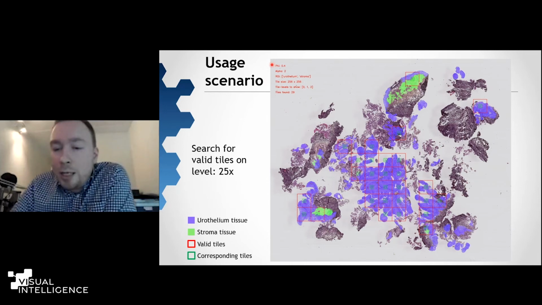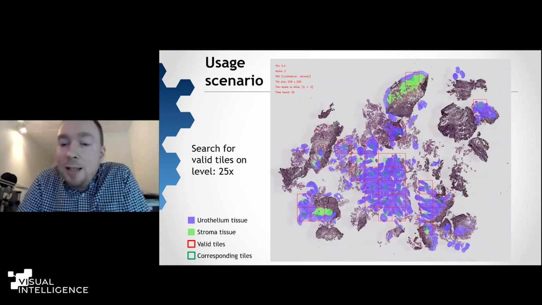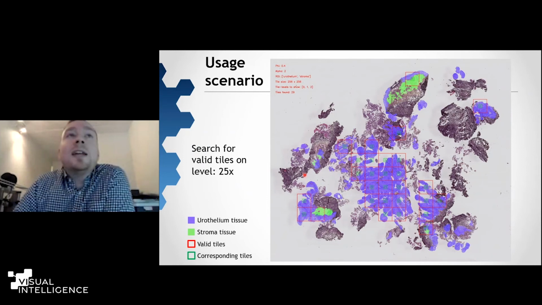It's quite a low value, so there will be quite a lot of background in some of these tiles. And we can see that we are searching for valid tiles on level 25x. So we are using the largest of the 3 tiles to search for valid tiles. And in this case, we can see that we only find 29 tiles.